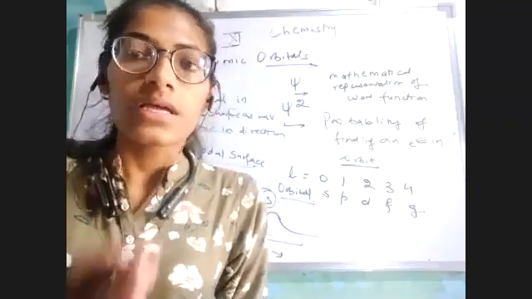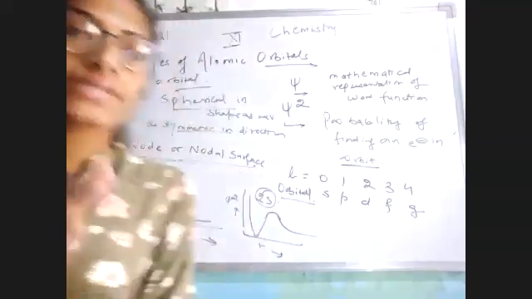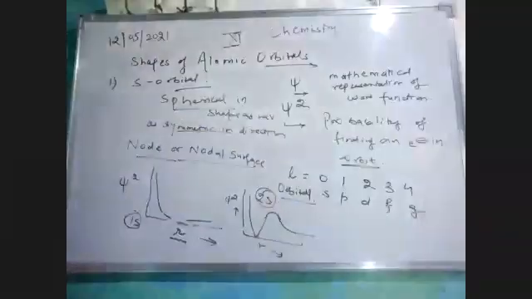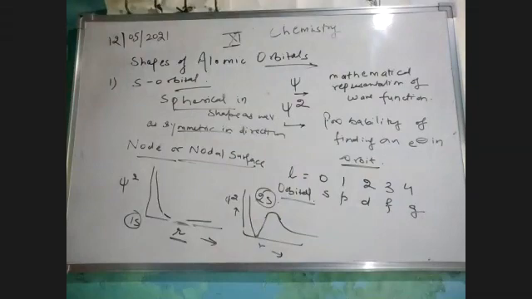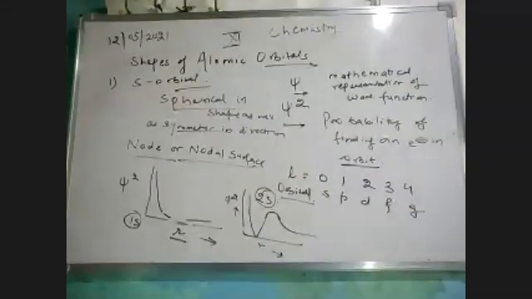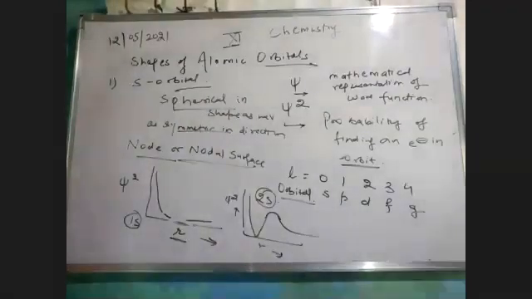The reason is that the size keeps on increasing. I would repeat it again because this is very important. I'm saying that the size of s orbital increases with increase in n. Let me write this particular point.